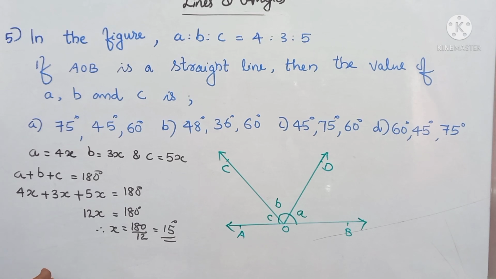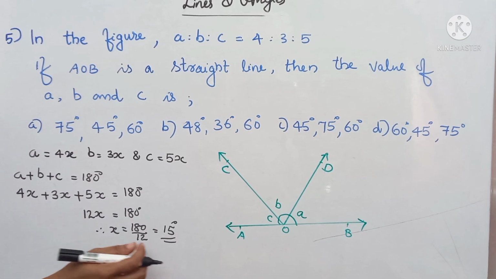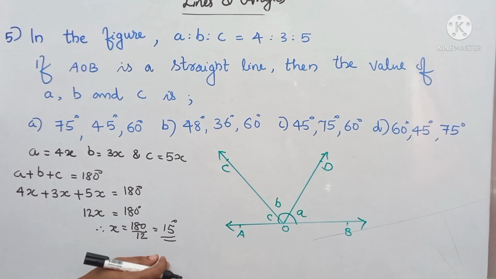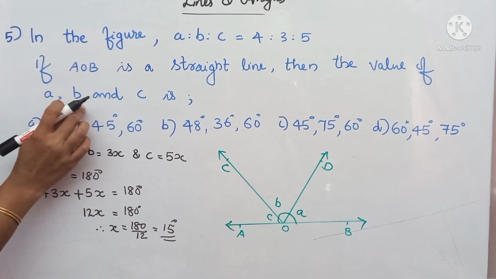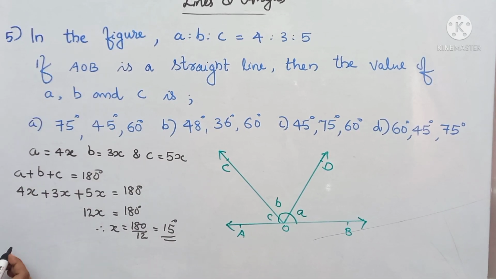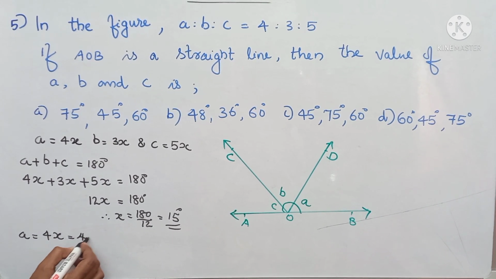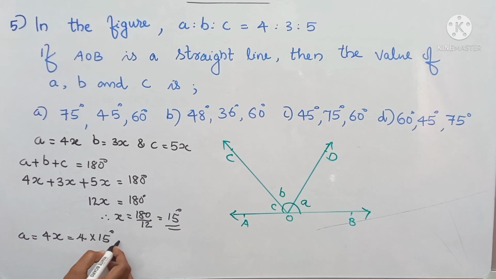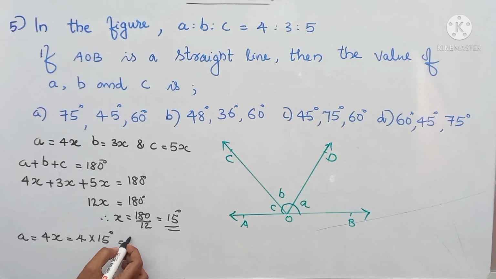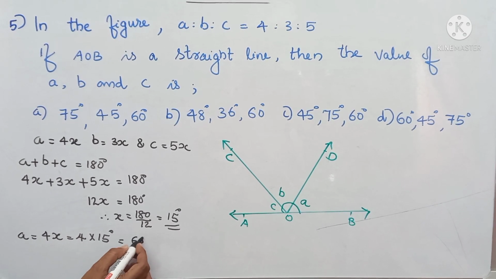So, we are getting x is equal to 15 degree. Here it is asked the value of A, B and C. So, we can find A is equal to 4x. We already know x is 15, so 4 into 15 is equal to 60 degree.